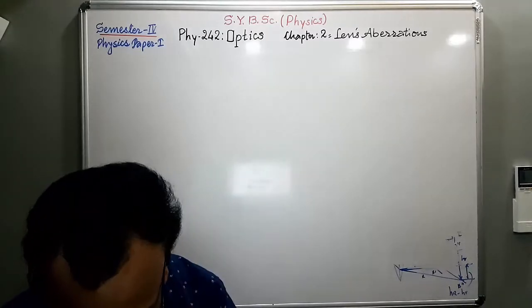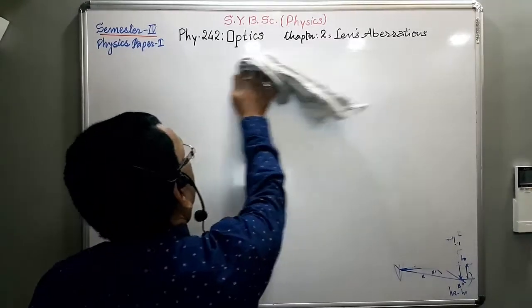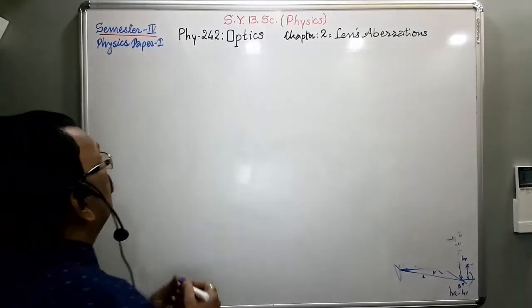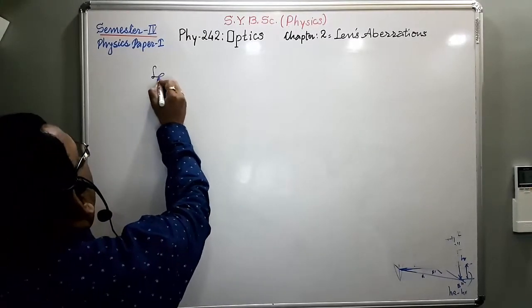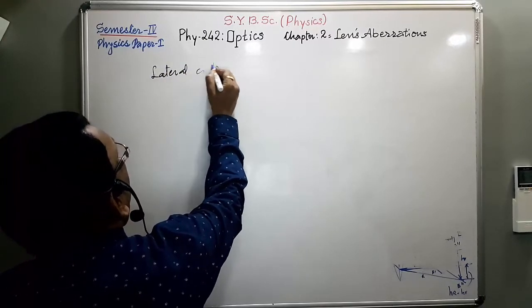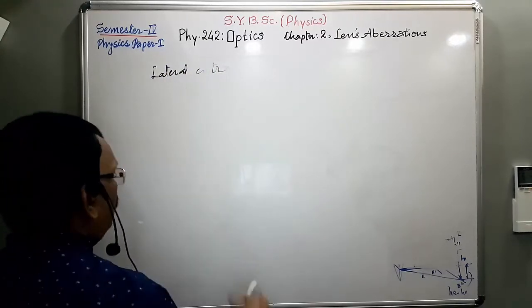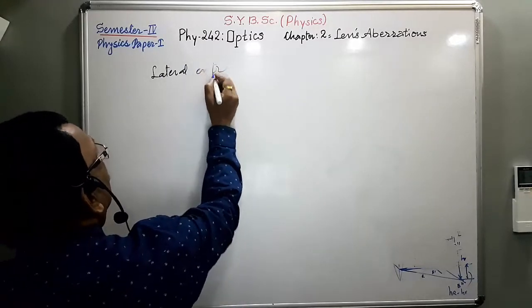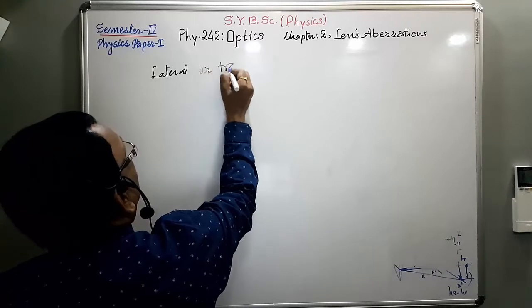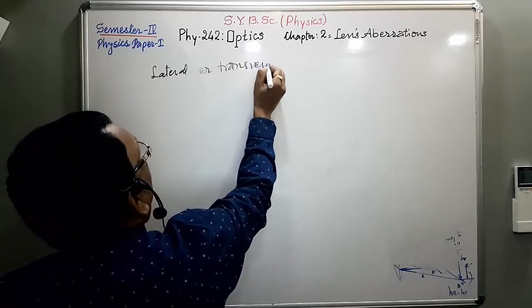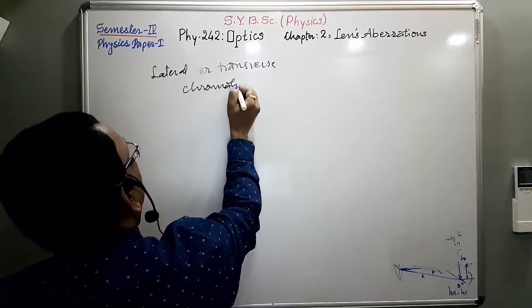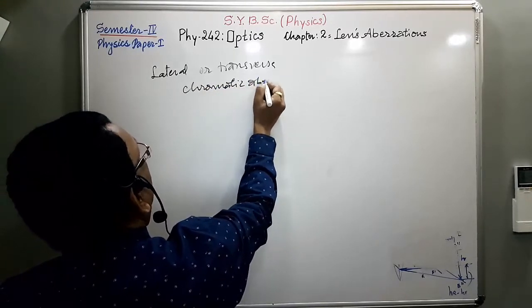So here we are going to see the last type, that is the second type of chromatic aberration, that is lateral or transverse chromatic aberration.